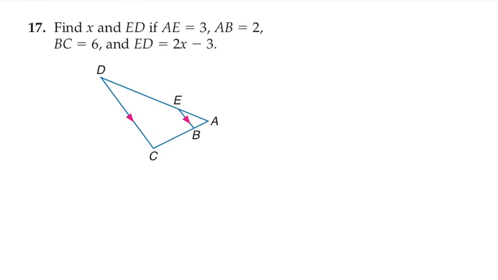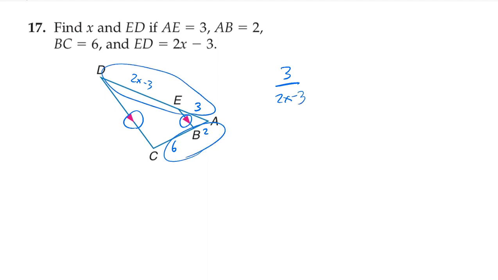Find x and ED if, so we got some variables here. So we got 3 for AE, we got 2 for AB, BC is 6, and ED is 2x minus 3. So again, because of this parallel, the triangle proportionality theorem tells us 3 is to 2x minus 3. So the segments on this side are in the same ratio as the segments on this side.